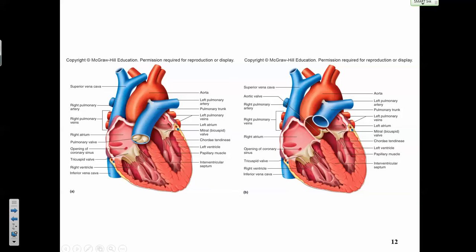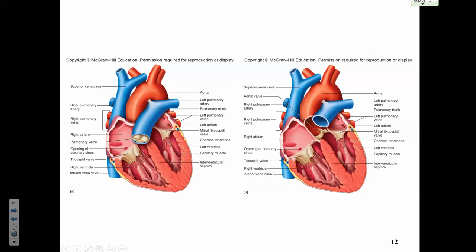Okay, now what we're going to do, if you look at the next few slides, you see a listing of the chambers, the valves, some of the blood vessels that are associated with the heart, connected to the heart.